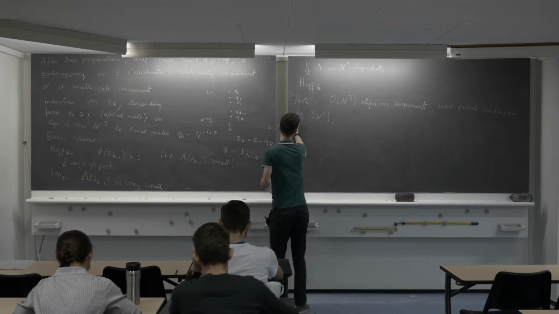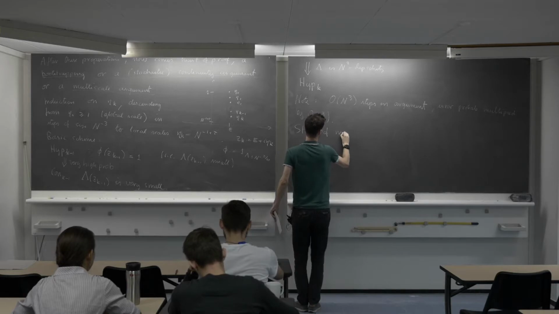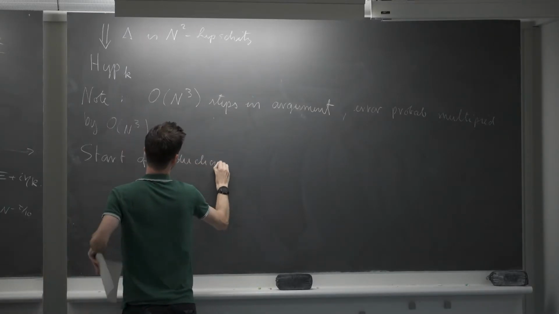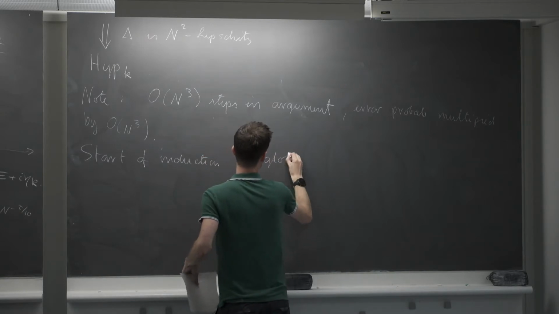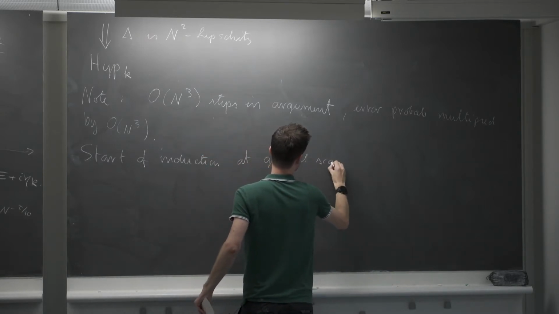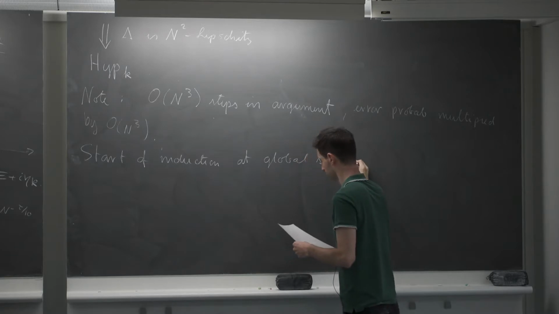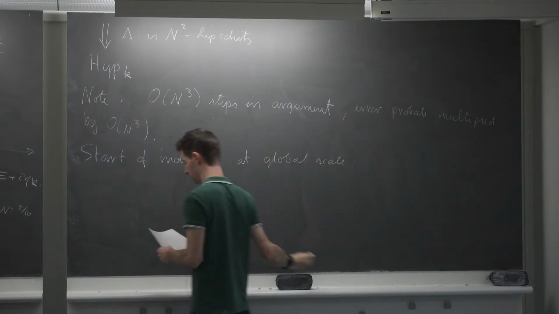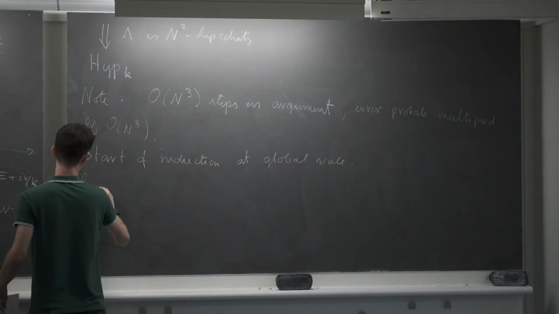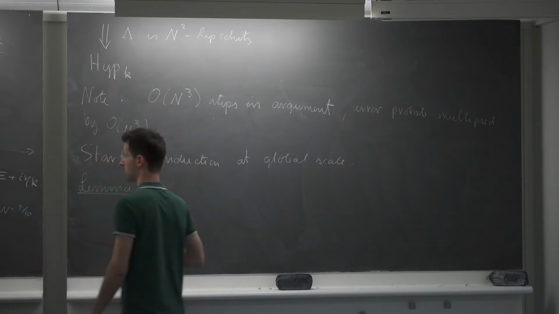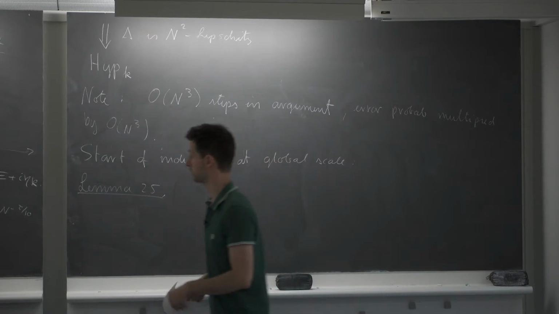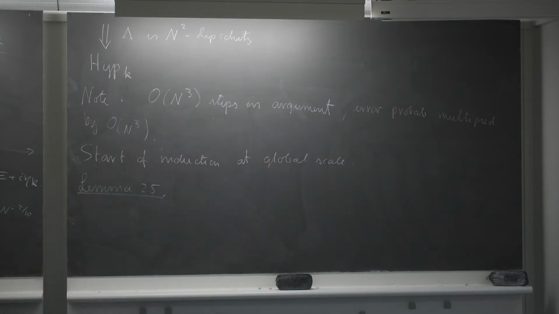So this is the start, at the global scale. So that's the following result, which now has to be an unconditional result. So I cannot make an assumption that I am on this event, that phi is equal to 1.